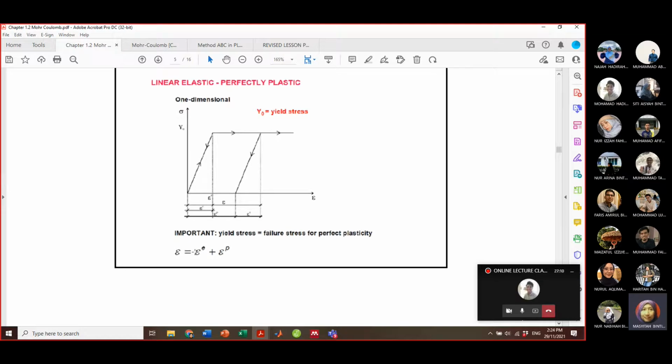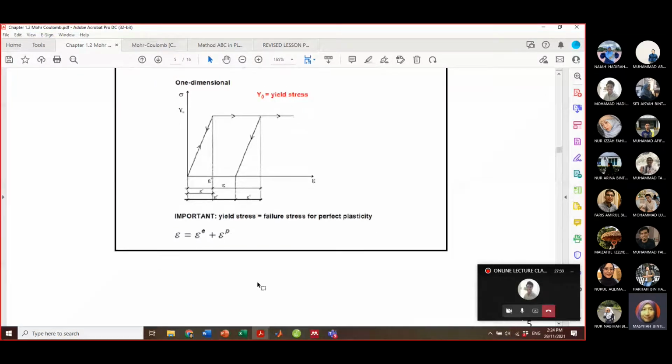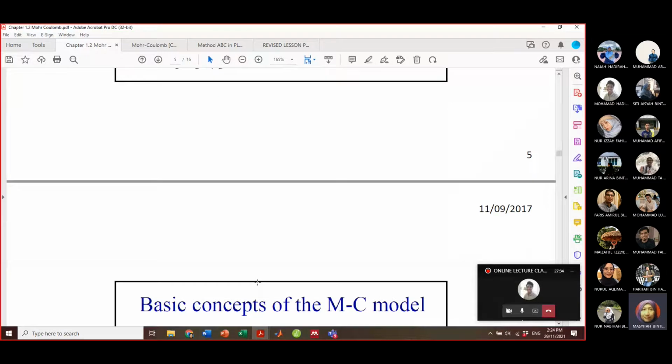Logically, what you need to know is the zone that indicates the elastic strain, and the other side is the zone that represents the plastic strain. The combination of elastic strain and plastic strain is the total strain for the Mohr-Coulomb criterion.